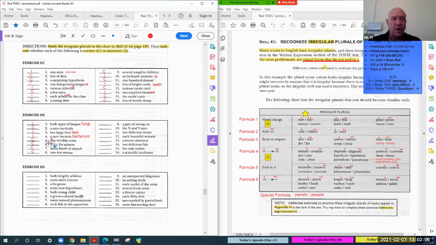How about the second? How do we know this is plural? Many kinds. Many. And the last one, how do we know it's singular? One. Do you understand, gentlemen? Yes, I understood. All right. So tomorrow we'll finish this exercise and then we'll do exercise 41.